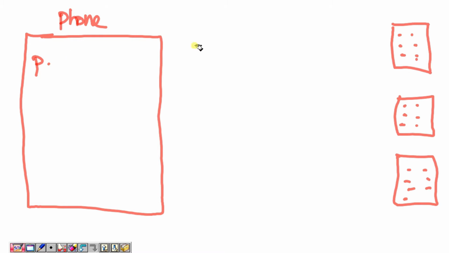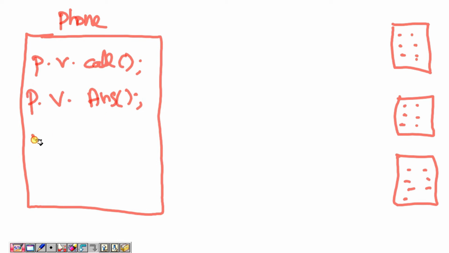Different mobiles, but every mobile has common features. public void call is a common feature that I can declare as a method without any logic. public void answer, public void reject. We have many methods, but the logic is not available. This we call an interface.